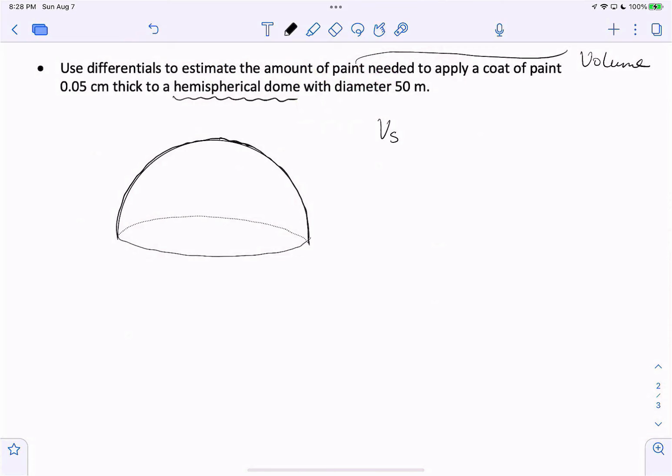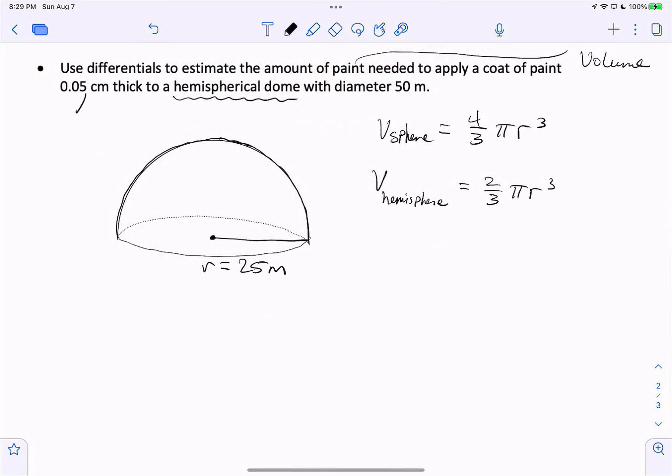The volume of a sphere is 4/3 pi r cubed. So the volume of a hemisphere is 2/3 pi r cubed. For the hemispherical dome described in the problem, we have a radius of 25 meters. And the coat of paint, everything else is in meters, we're going to turn this into meters, is 0.0005 meters thick, right?